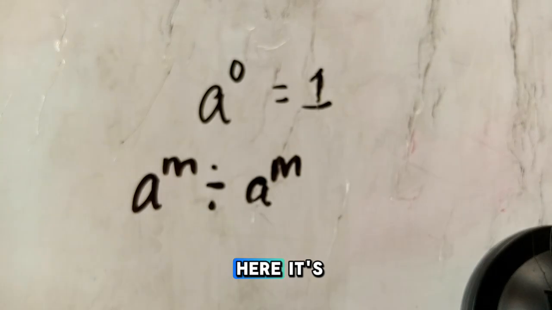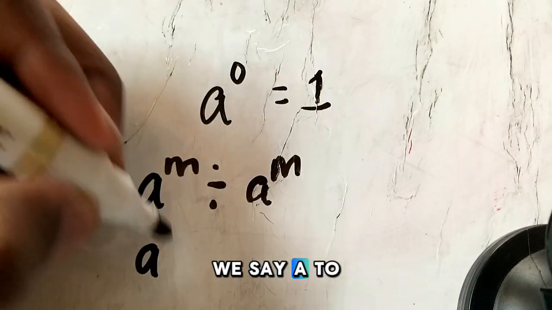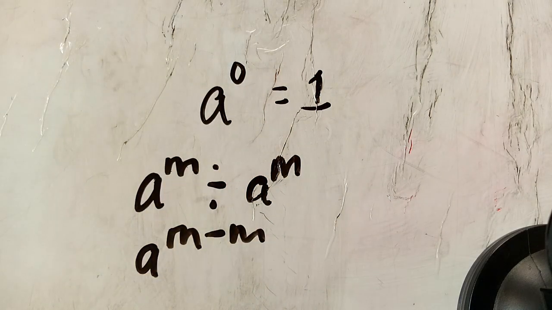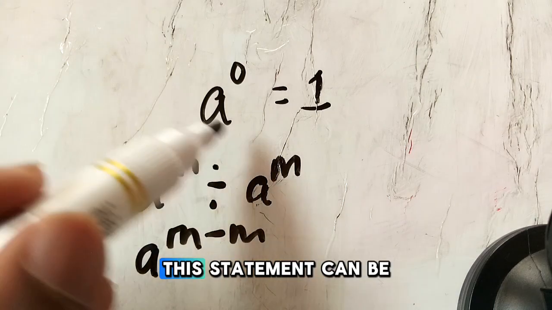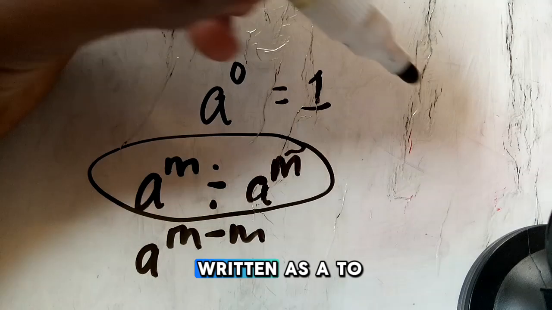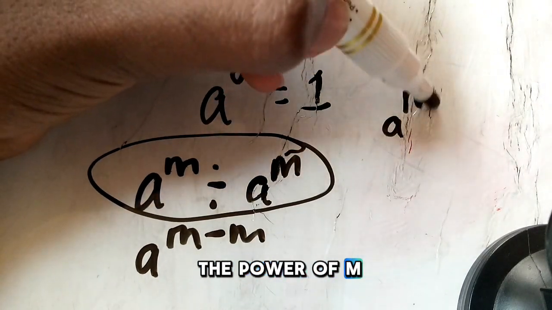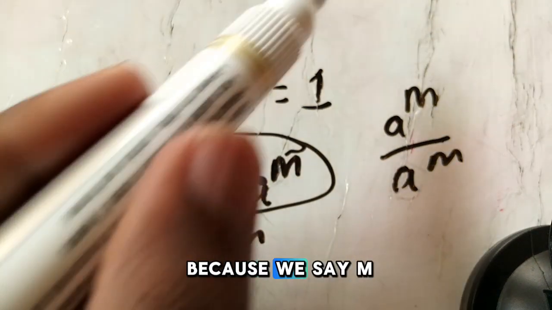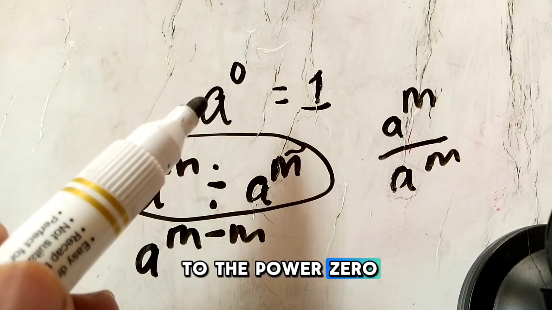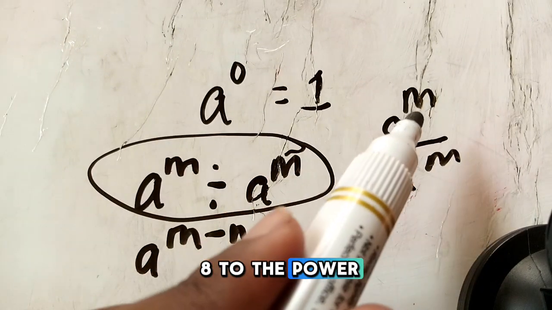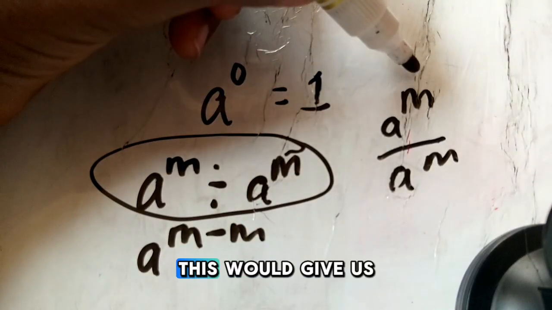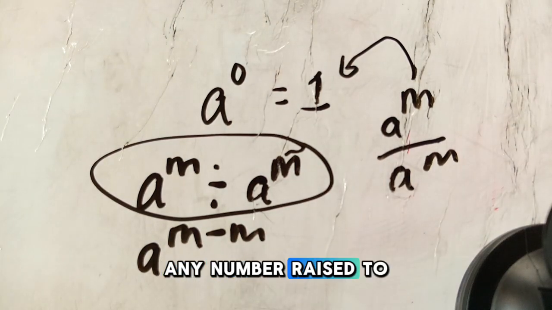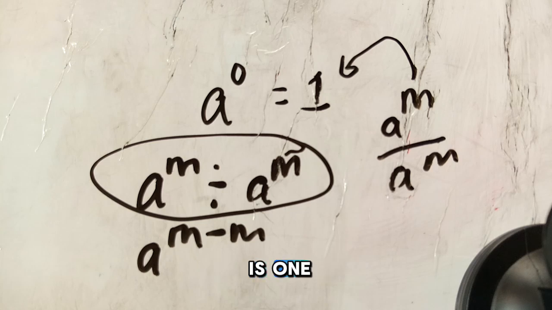We say a to the power m minus m, which is a to the power 0. This can also be written as a to the power of m over a to the power of m. And what is a to the power m divided by a to the power m? 1. That is why we say any number raised to the power of 0 is 1.